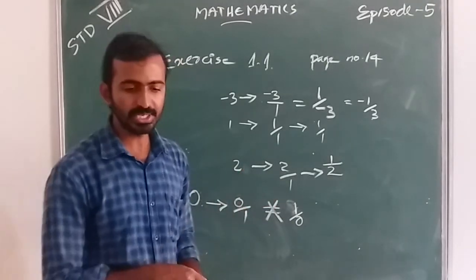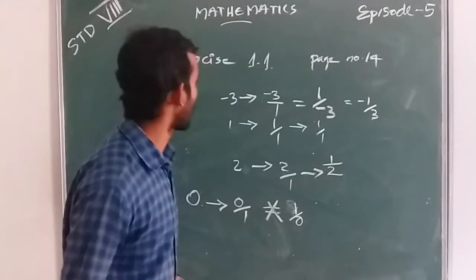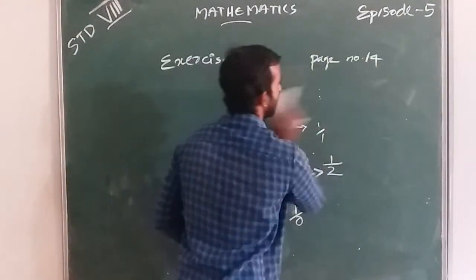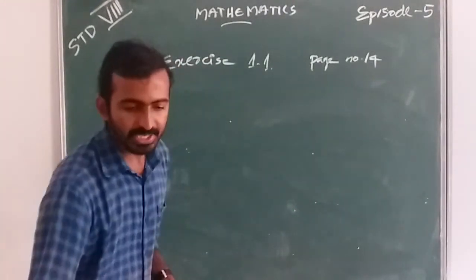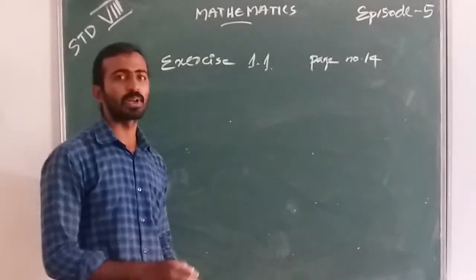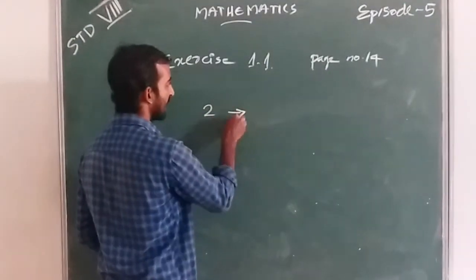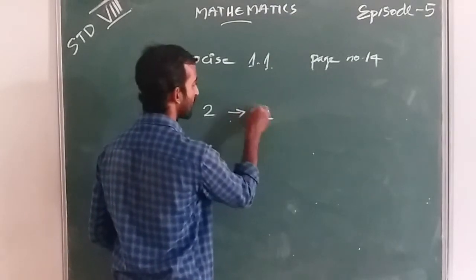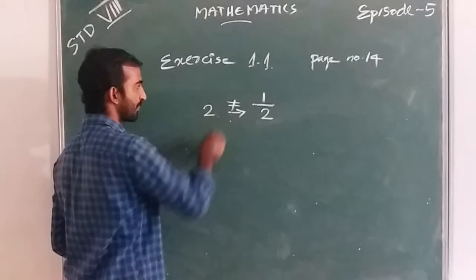Okay. Next question is the rational numbers that are equal to their reciprocal. When we take 2, its reciprocal is 1 by 2. This is not equal.